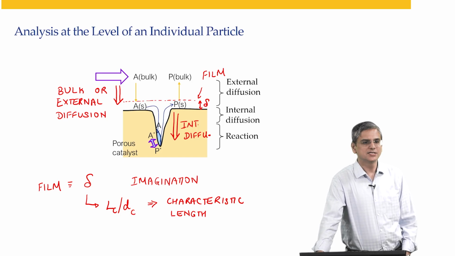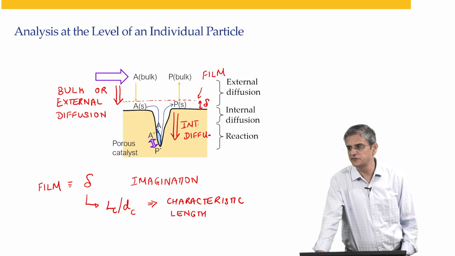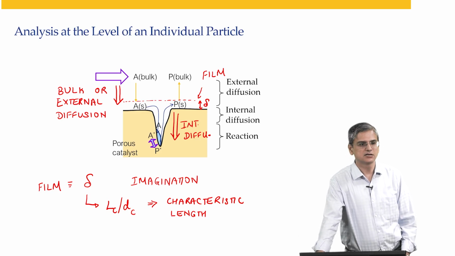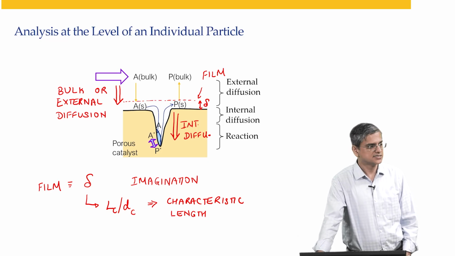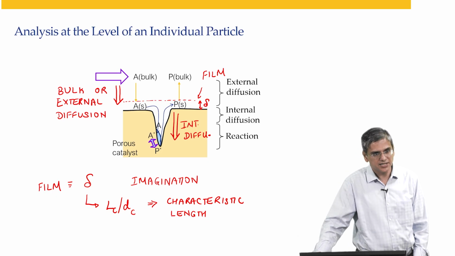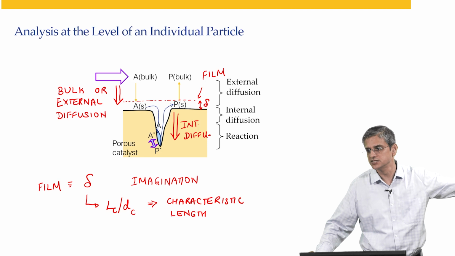What does characteristic length mean? Characteristic length means it is a physical feature of that system that you can either design or measure. It is something that is convenient to use. It is not something that is always guaranteed to be how it scales.